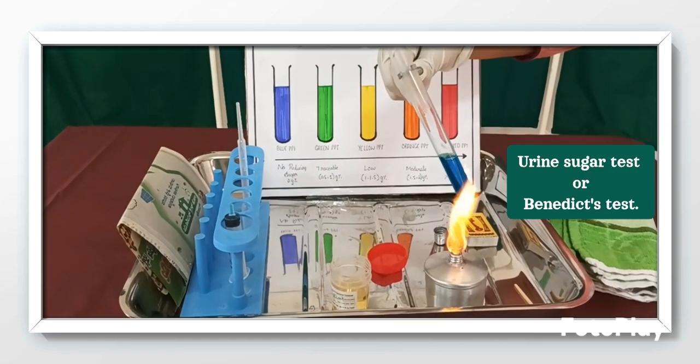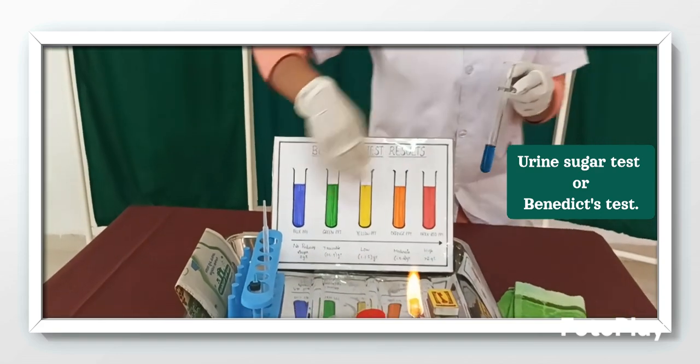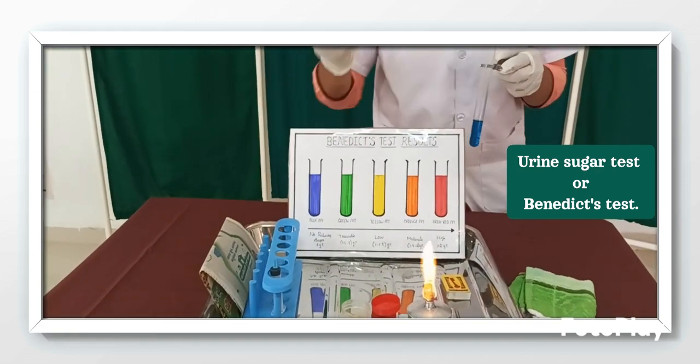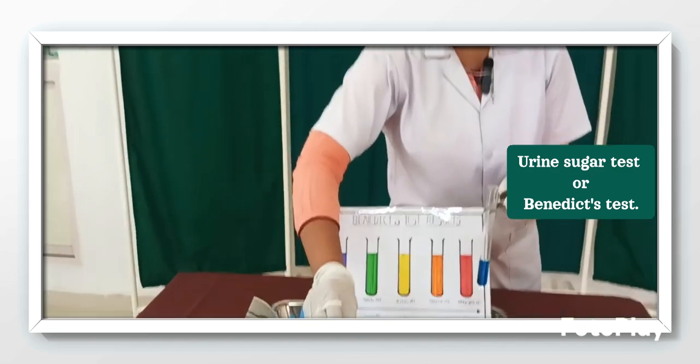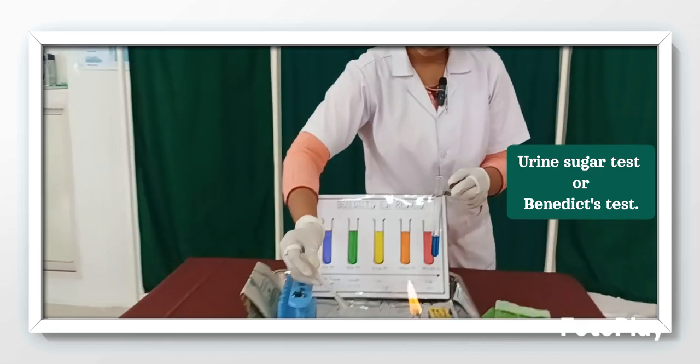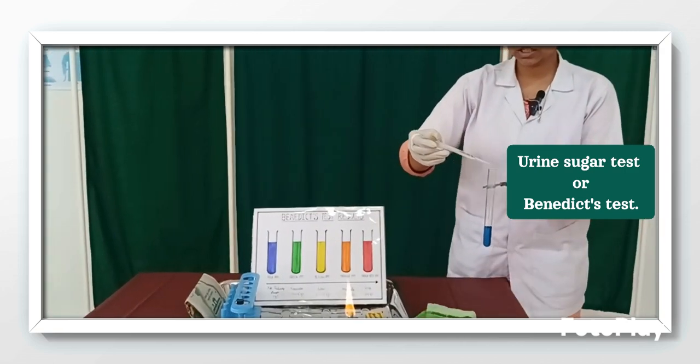Then we have to take this dropper, and we have to take some amount of urine. Then we have to add 8 drops of urine in the Benedict solution.